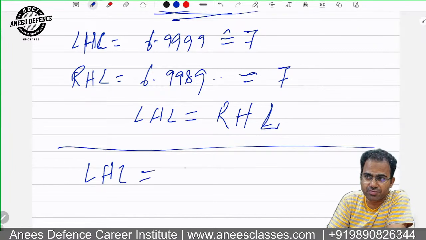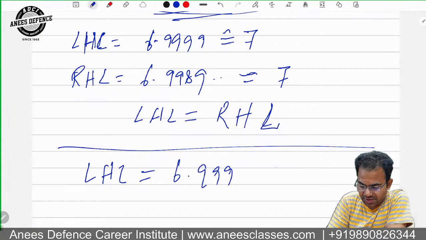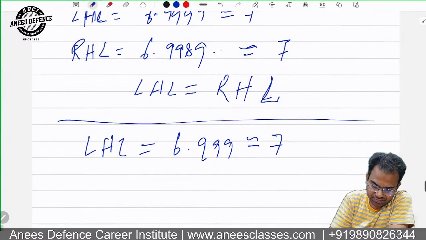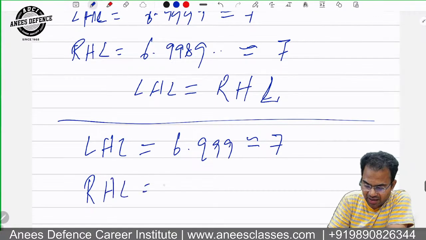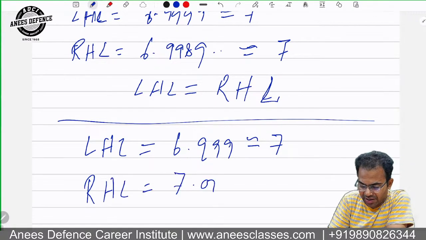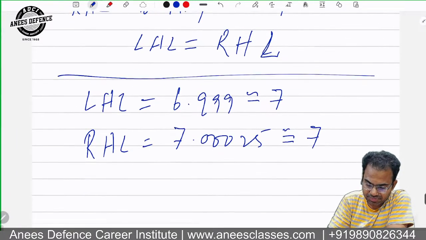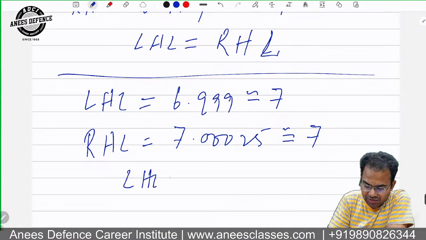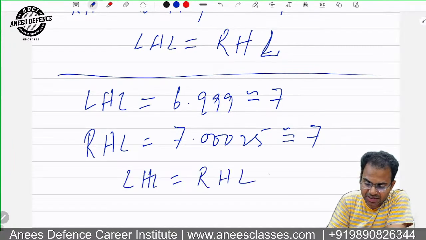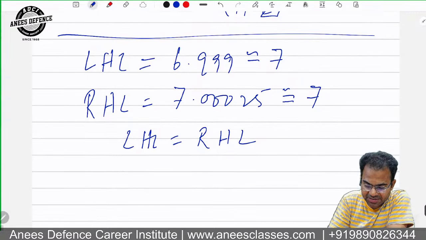Okay, I can have also like that. LHL equal 6.999. It is reaching towards 7. RHL 7.0025. It is also reaching towards 7. So LHL equal RHL. Limit exists.